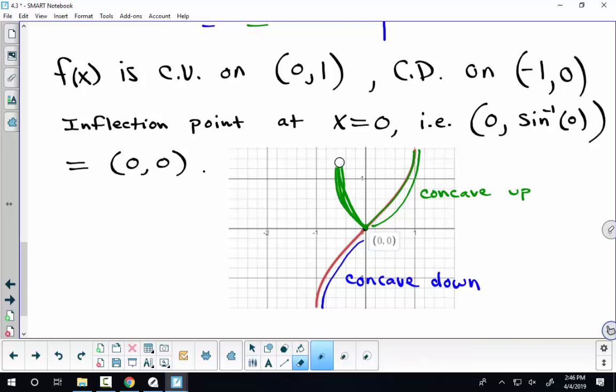I don't know if that's a helpful way to think of it, but at least visually, maybe it can help. It's not always clear, like I said, just looking at a graph where it's concave up. Okay, and then of course our inflection point here.